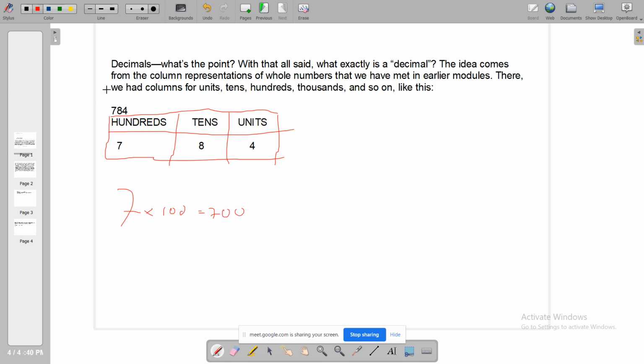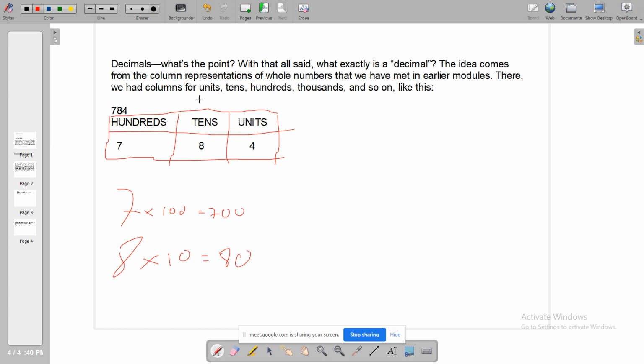This one is tens, so 8 of tens, which is 80. And then this one is units.